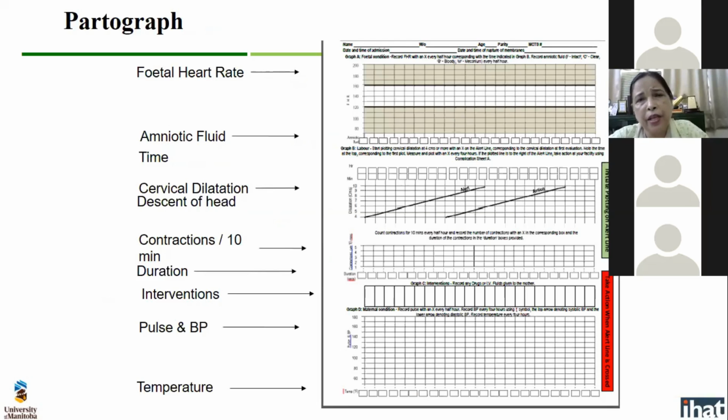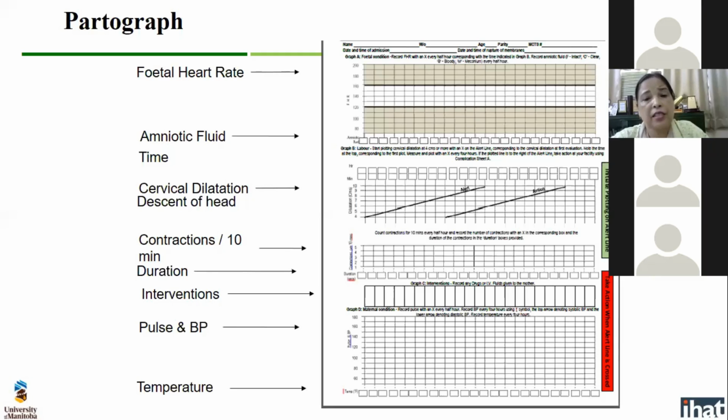So just remember, the topmost part has all the maternal identification data. Then below that, fetal condition, in which you record the fetal heart, color of liquor, and status of the membranes. And below that, you have the cervicograph for the progress of labor, that is cervical dilatation with respect to time, and descent.